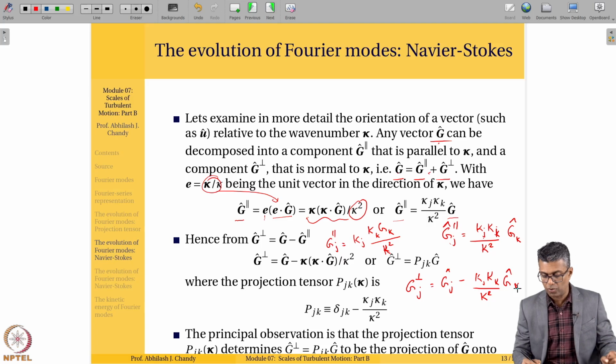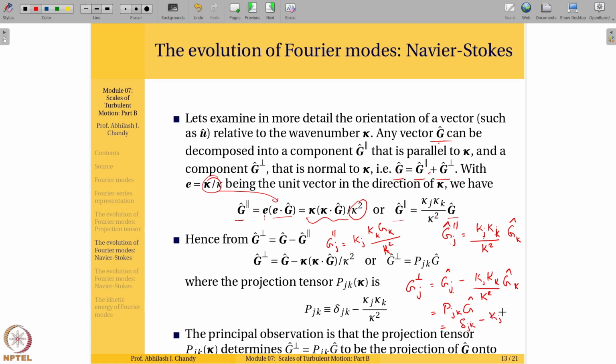And so, since I have j and k here, I can write this as pjk times g hat, where pjk is delta jk minus kappa j kappa k over kappa squared and multiplied by gk.